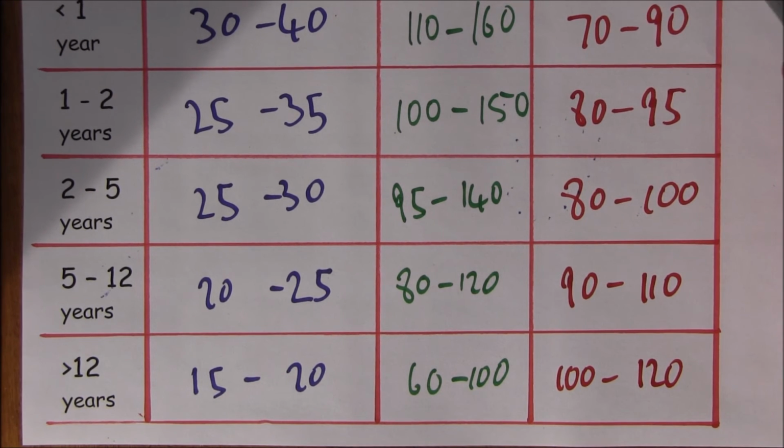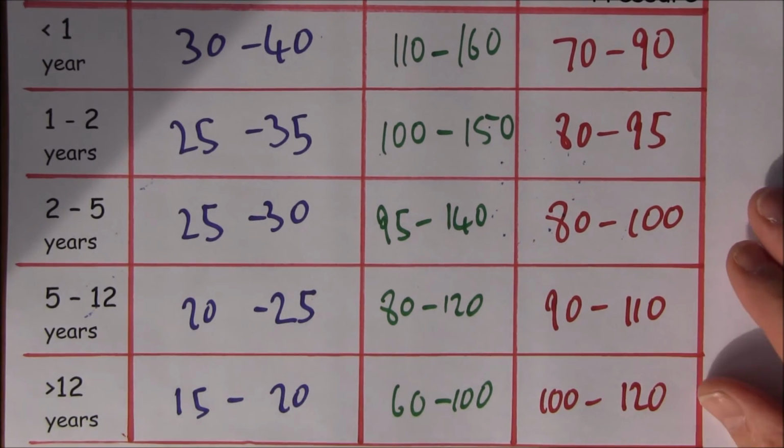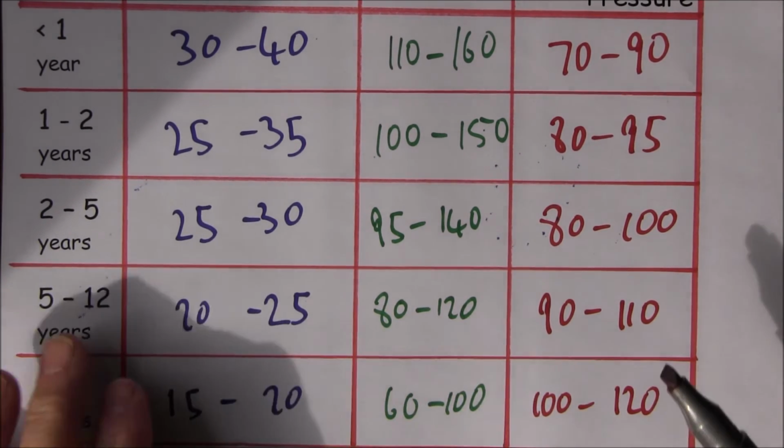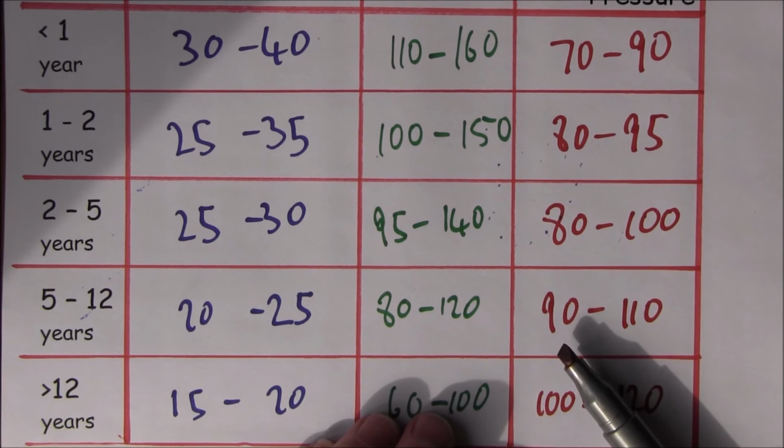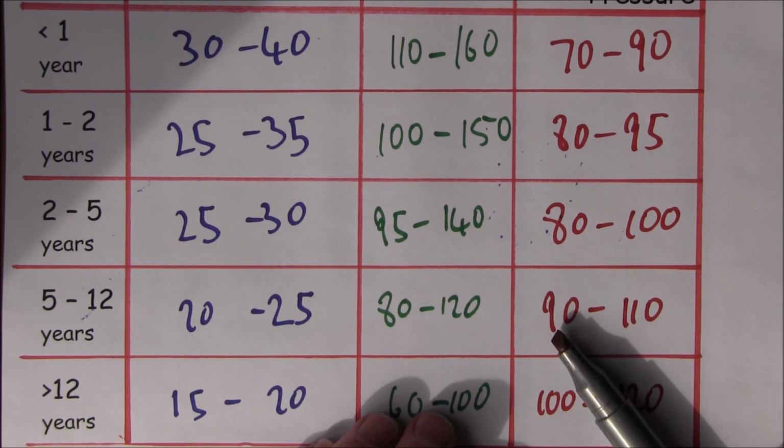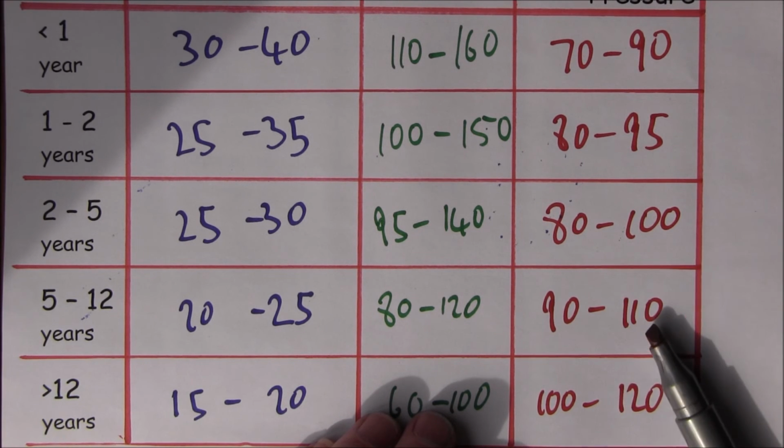Now, as we've said, these are only the systolic pressures, because especially in emergency care, it's the systolic blood pressure that determines how well the tissues of the body are perfused. So we're not talking about the diastolic. So what we're saying here is in 5 to 12, the range of the blood pressure should be between 90 systolic and 110 systolic.